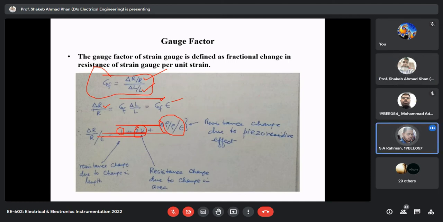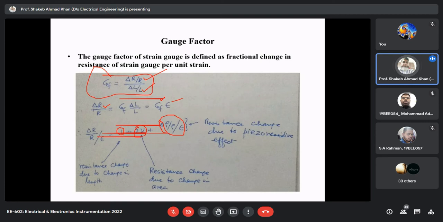Okay. So here the situation is that a piece of wire made of either conducting, metallic material or semiconducting material. When you are straining your material, there is a change in resistance. Now what is causing this change in resistance, we tried to find out mathematically.